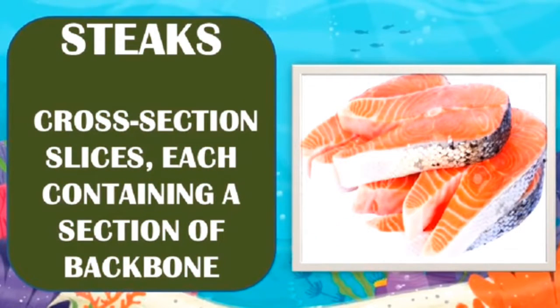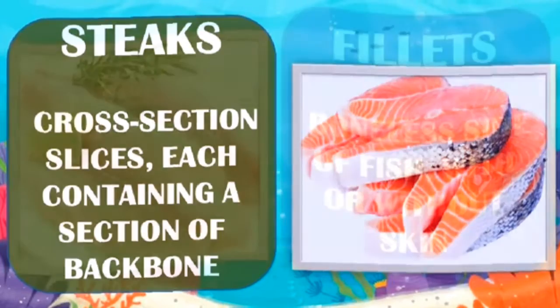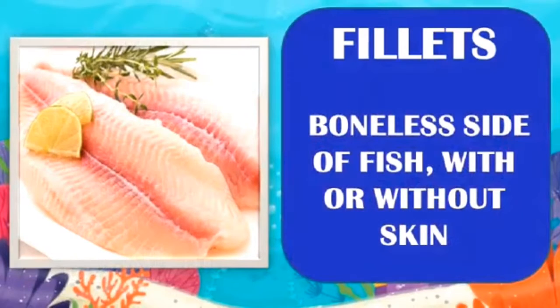Number 4 is steaks. The cross-section slices, each containing a section of backbone. Number 5 is the fillet. The boneless side of fish with or without skin.